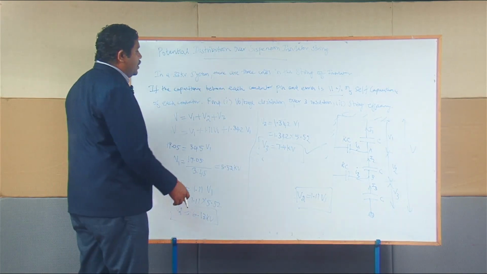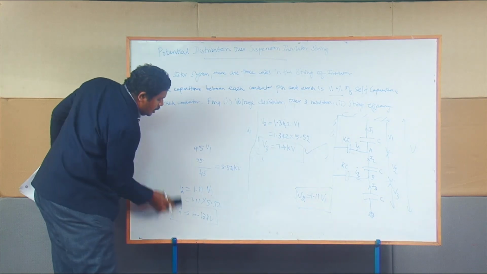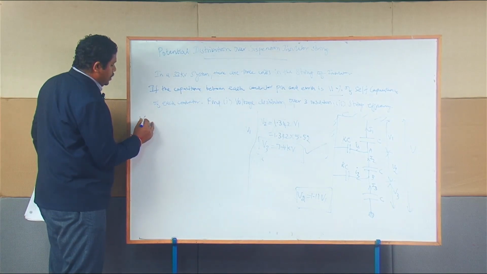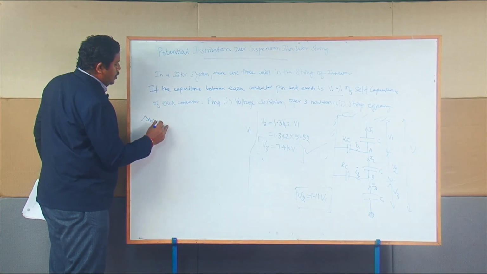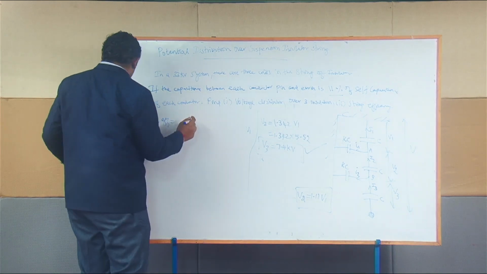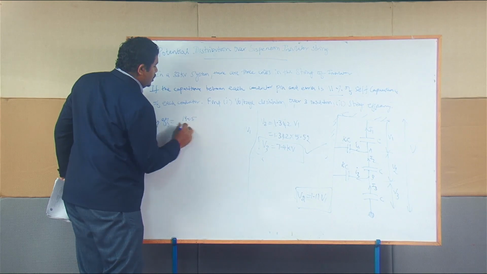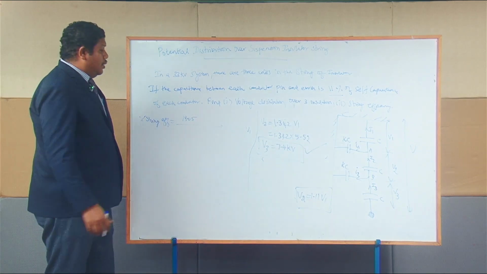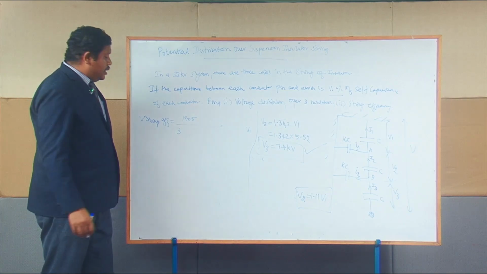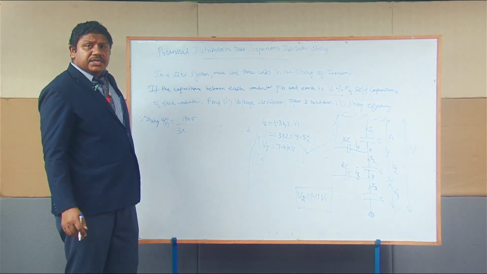Now we are going to calculate the string efficiency. What's our formula? String efficiency is equal to total voltage, so total voltage is 19.05, divided by number of discs. In this problem we have 3 insulator discs, so number of discs is 3, into the voltage across the disc nearer to the conductor.